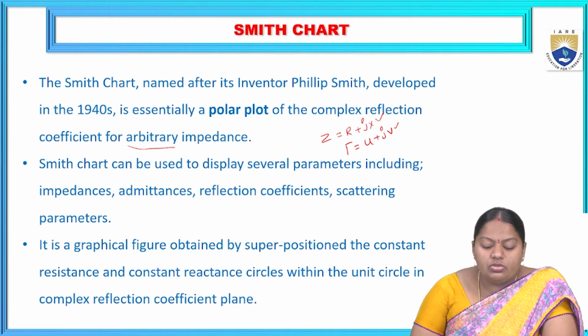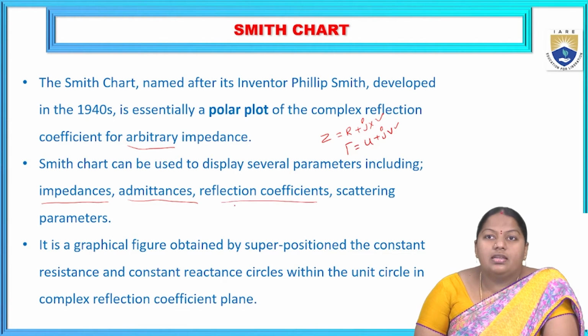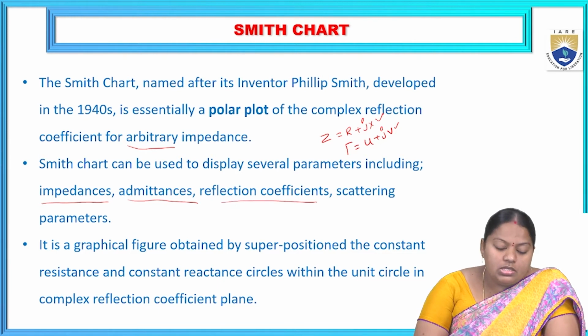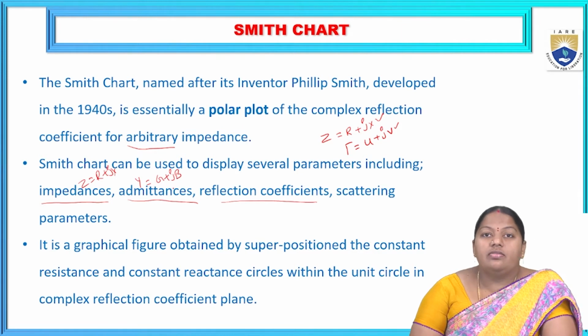The Smith chart can be used to display several parameters including impedances, admittances, reflection coefficients, and scattering parameters of antennas. Impedances are all represented with Z equal to R plus jX, and for admittances, Y equal to G plus JB, where the real part is conductance and the imaginary part is susceptance. And reflection coefficient gamma equal to U plus JB. All these are complex forms, which are combinations of real parts as well as imaginary parts.